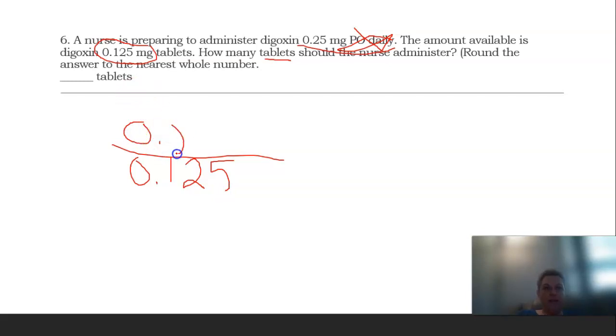I realize that this top number looks smaller, but it's actually worth more. So 0.125 plus 0.125 would equal 0.25. So every time I'm going in the room, I'm taking 2 tabs with me.